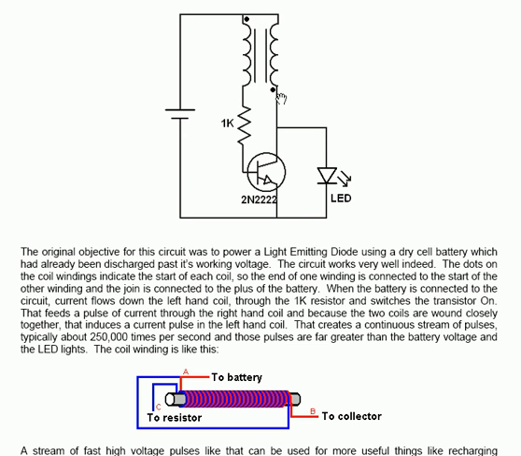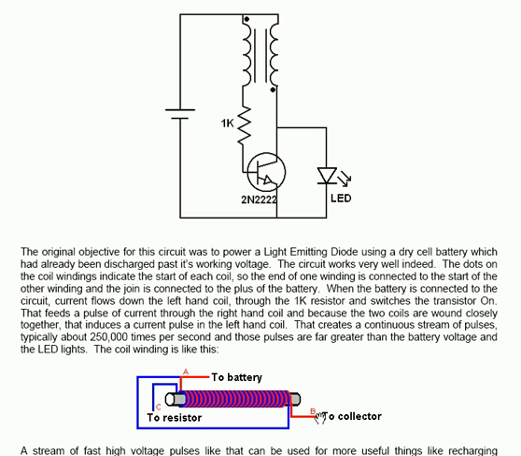The end of the red wire is then connected directly to the collector. The other end of the blue wire is connected through a 1K resistor to the base of an NPN transistor, this one being a 2N2222 transistor, which is a small unit with a high gain and can handle about 0.8 watts.